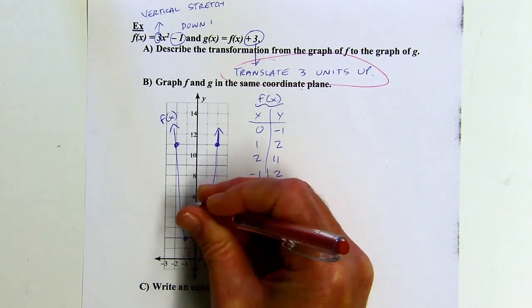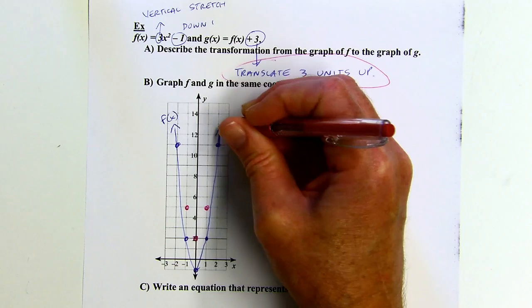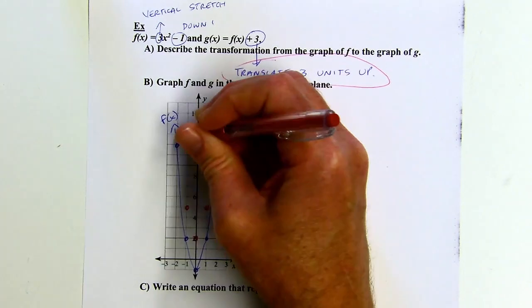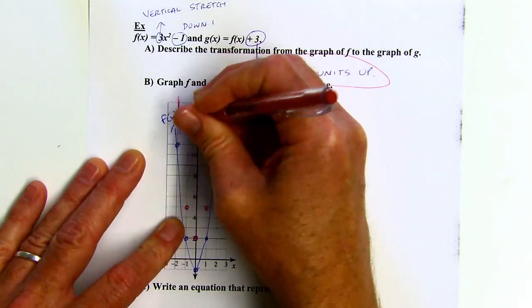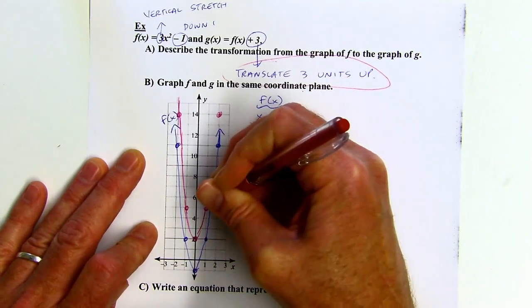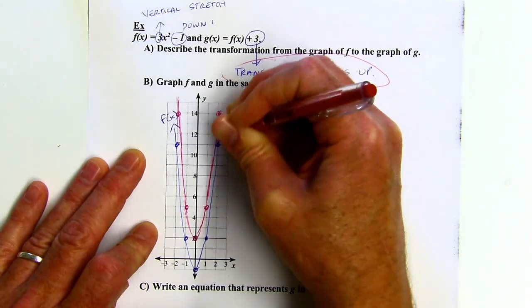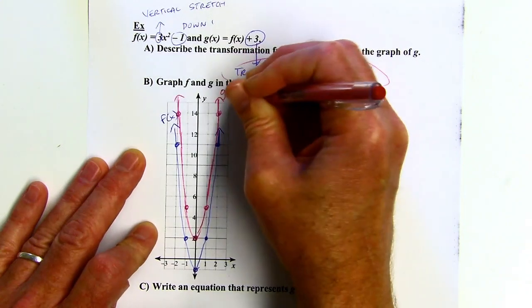Same thing with this one. And I'll take these 2 points and move them up 3 units. 1, 2, 3, and 1, 2, 3. Okay. And then I'll draw this one in. It's going to look very similar to the other function, just everything is going to be moved up 3 units, and this would be g of x.